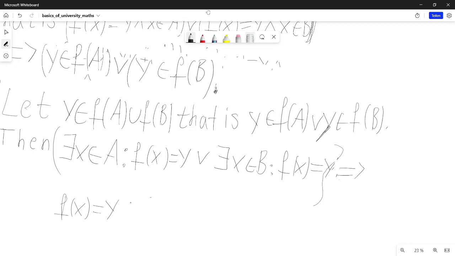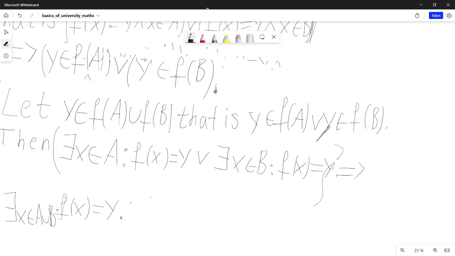That implies, because that indeed does, x in A union B, f of x equal to y.